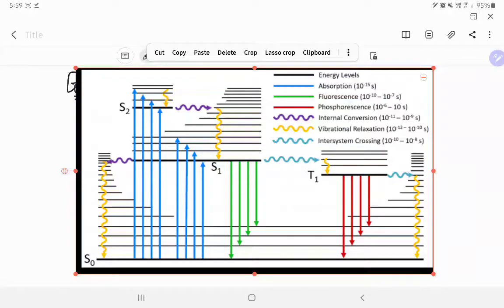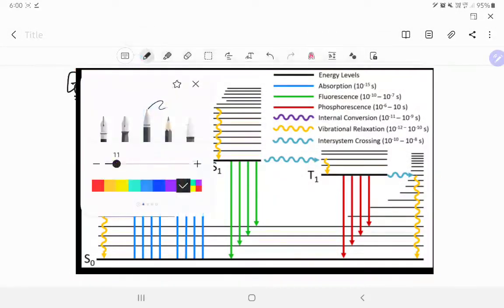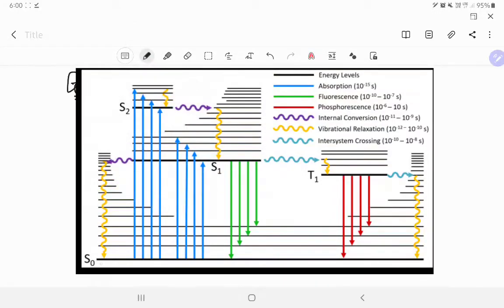See, this is S0. What does S0 indicate? It is the singlet ground state, where electrons are paired. Okay, now when it absorbs radiation, the transition takes place from the ground state to a higher state.